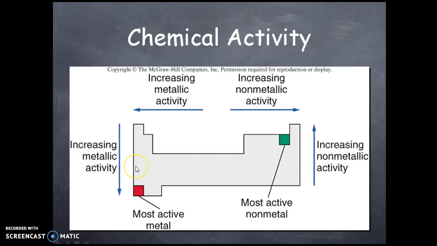In a similar fashion, if you go from left to right, non-metallic activity increases, and if you go from right to left, metallic activity increases. In each column, the most active non-metal is on top and the most inactive non-metal is at the bottom, so it is just the opposite of the metals.